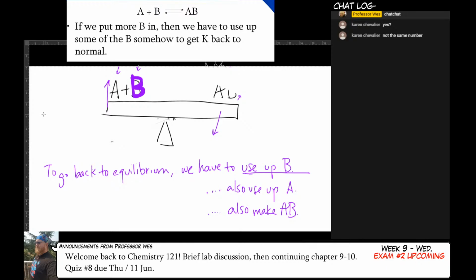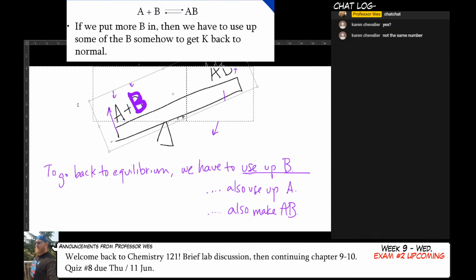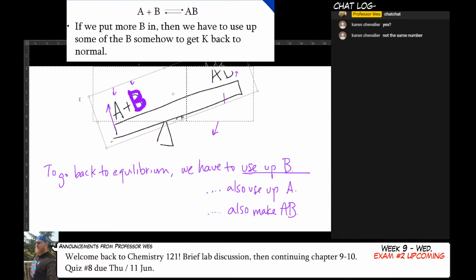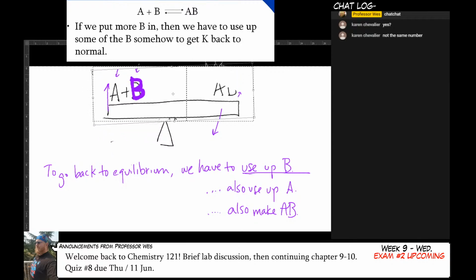So if I add something to the mixture, it will no longer be at equilibrium. What the reaction will try and do is undo what I did to get back to equilibrium.